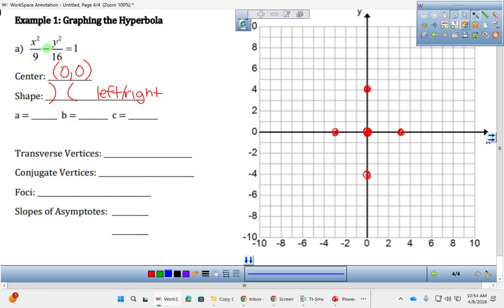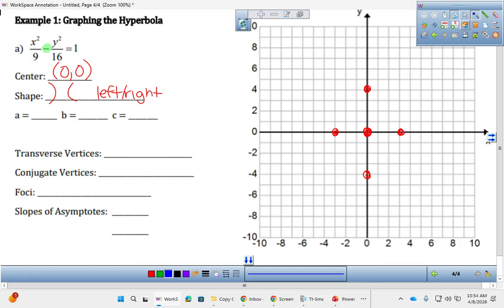Now, in an ellipse, you have majors and minors. In hyperbolas, you have transverse and conjugate. Here's what I remember. Transverse comes first. It rhymes, right? So my transverse vertices are determined by whatever comes first. And in this case, the x came first.